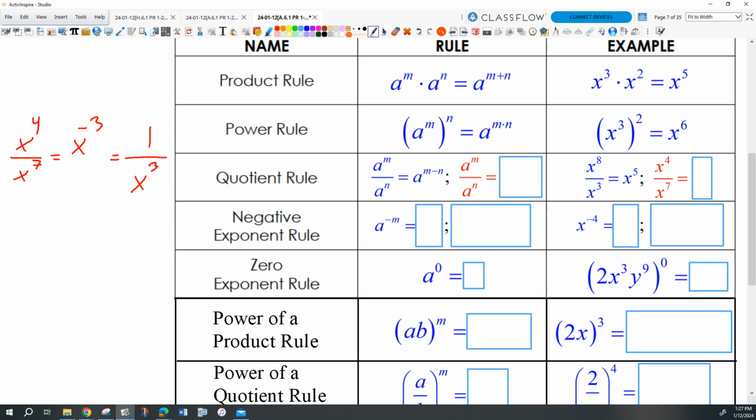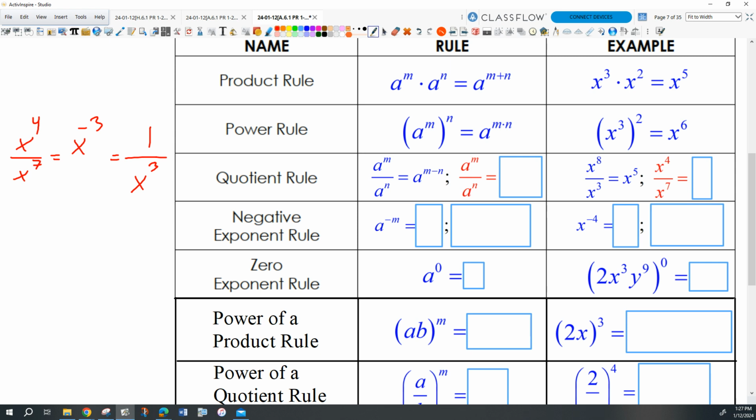Okay, so could we do that in one step? You can. This is not a huge deal, but I think it's very helpful when you start to do algebra with these expressions that involve lots of exponents. There's an easier way to think about the quotient rule. It doesn't show up in textbooks, but it's a good way to think about this. Instead of just automatically subtracting the exponents, think of it this way. When I divide like bases, I'm going to keep the base where it has the most power and subtract the other exponent.